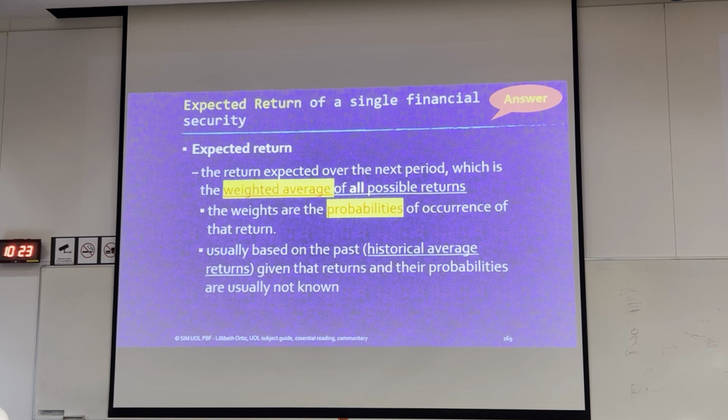So usually though, you don't know this. So what people will do is they'll look at the past. They'll look at previous returns in the past, and they'll take the historical average, and that would be the same as their expected return for the future. So they're just kind of using old data, hopefully to predict the future.